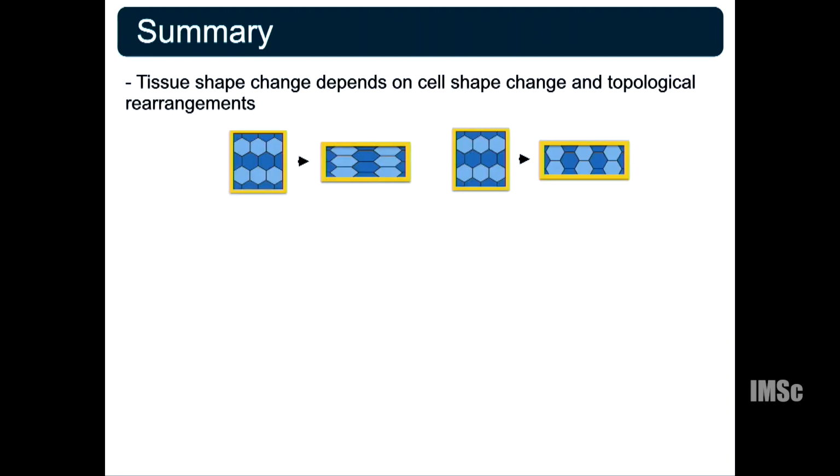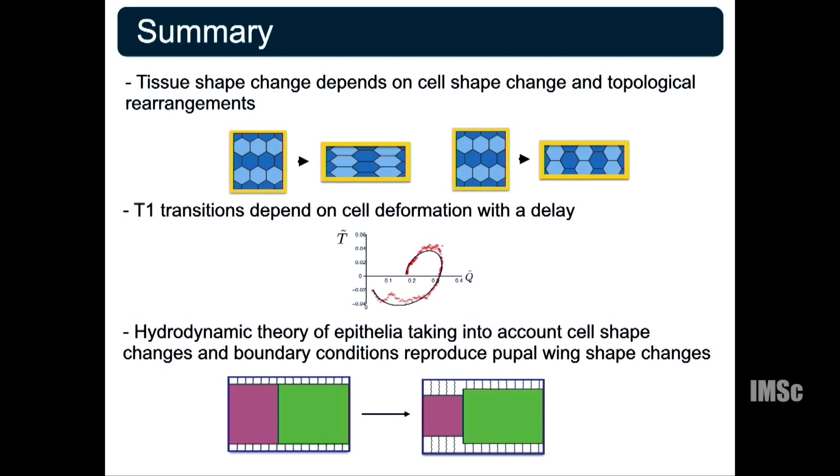So, what were the main observations? First, we saw that there is something called topological changes or rearrangements, which is a significant contributor to the overall deformation of this whole wing, and there seems to be a delay between the T1 transitions and the response in cell deformation.